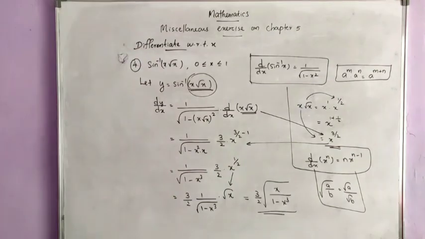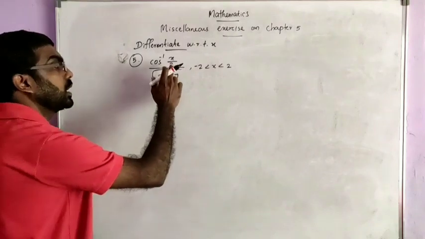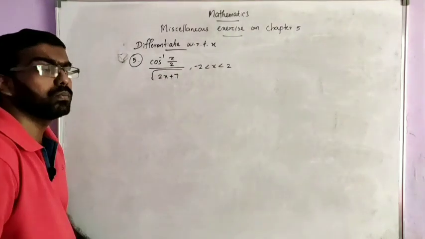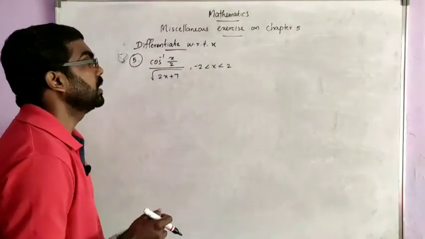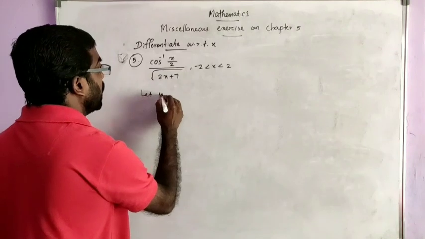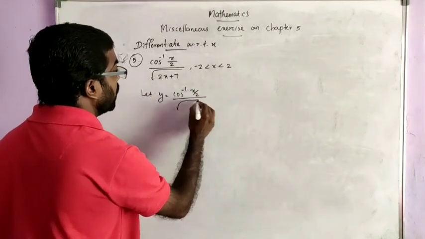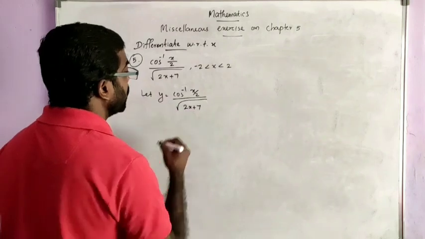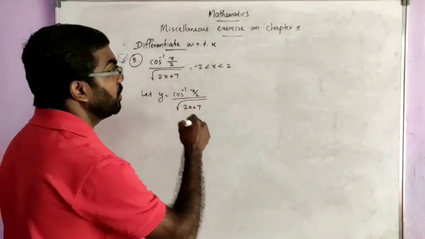Clear? Now the next question is cos inverse x by 2 divided by root of 2x plus 7, minus 2 less than x less than 2. Okay. So let y is equal to cos inverse x by 2 divided by root of 2x plus 7. And the question is in u by v form, that is quotient form.